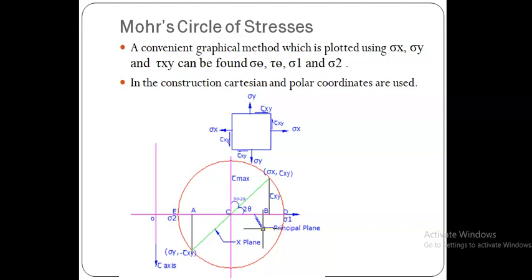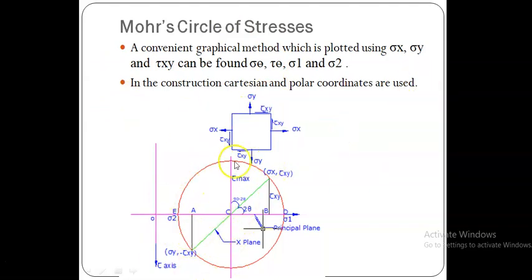So it is very convenient to draw the Mohr circle of stresses, from which we can plot the various stresses acting on that plane. In the construction, Cartesian and polar coordinates are used.